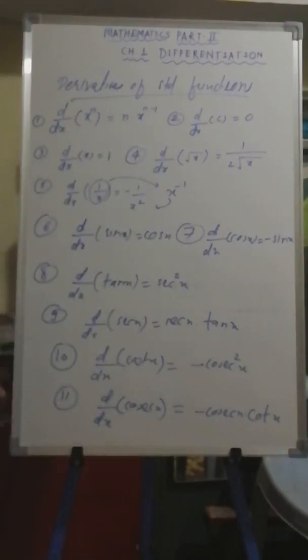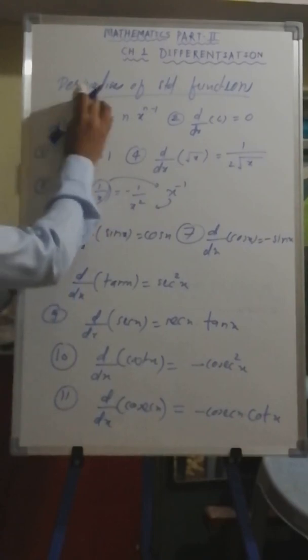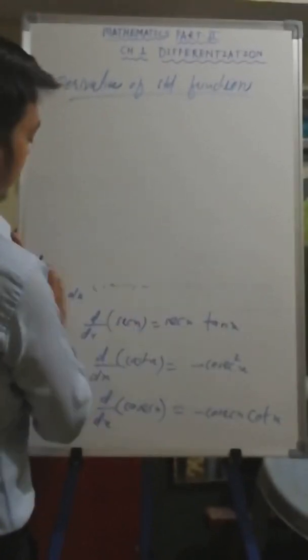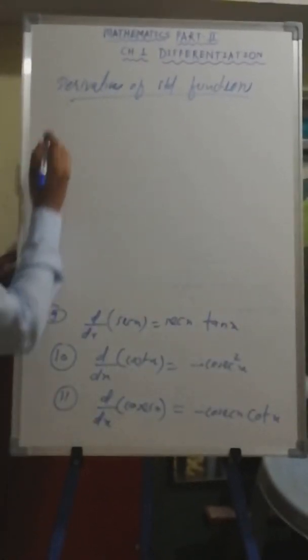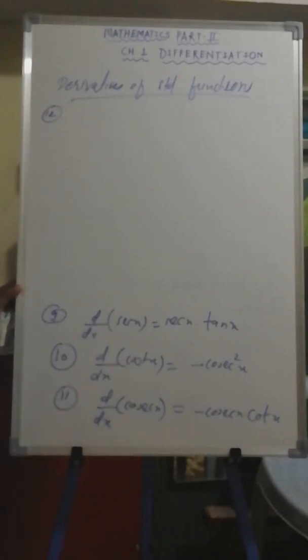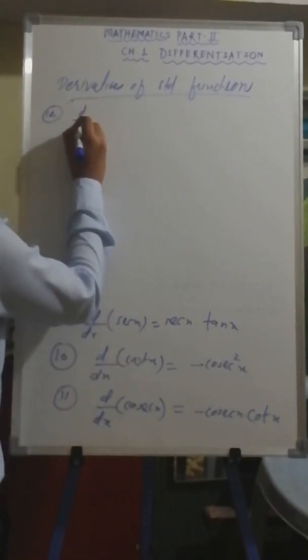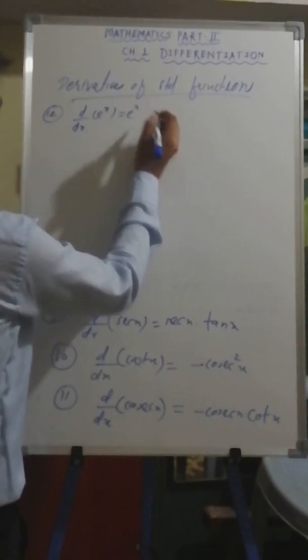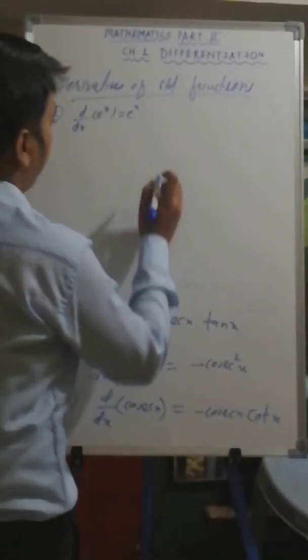Now we see derivative of some exponential as well as logarithmic functions. Our next formula: derivative of e to the power x is the same, e to the power x.